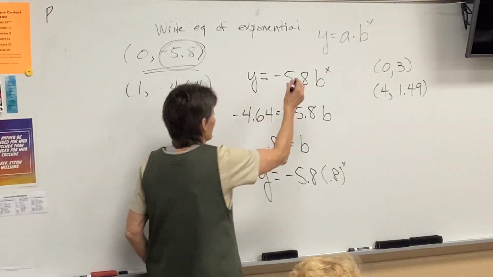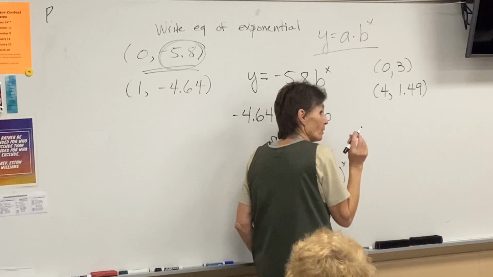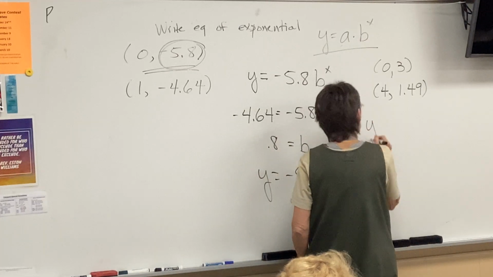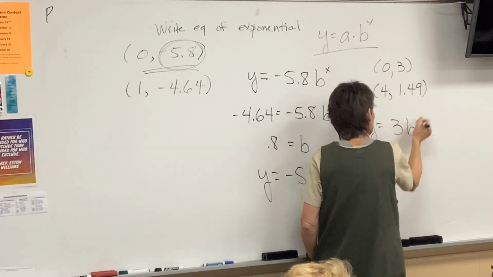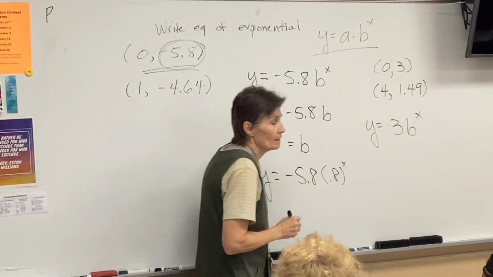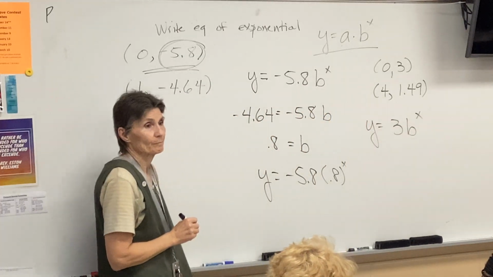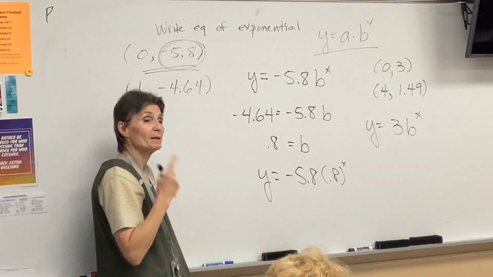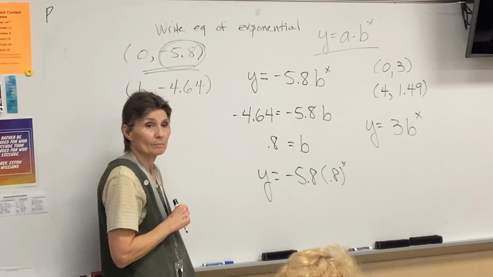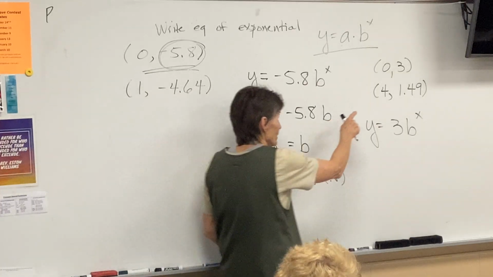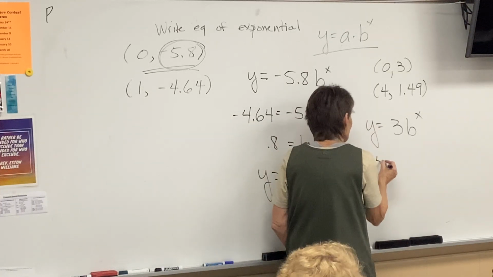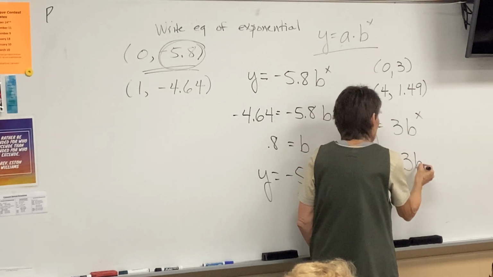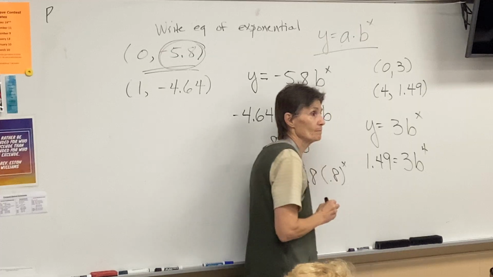I'll write this equation right here. What do I know about A? It's 3. So I'm going to just jump right to this. This is really what I need to figure out. I need to figure out B. So what will I do to figure out B? Plug in this. So 1.49 equals 3B to the fourth.